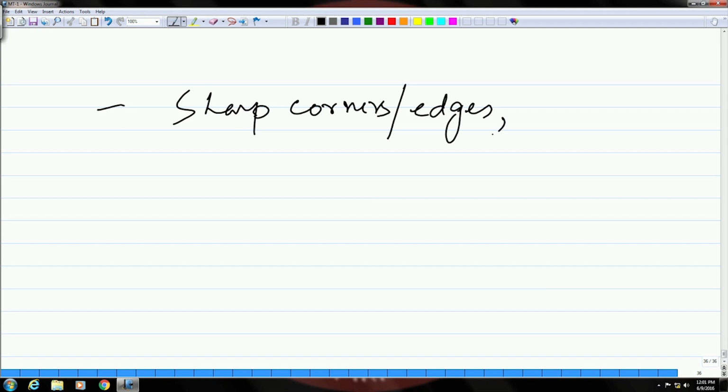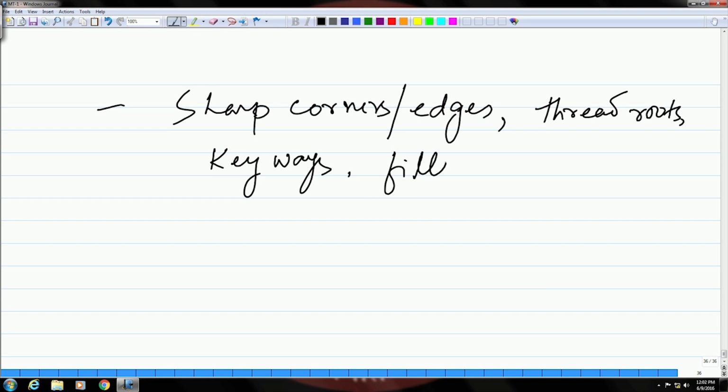Then you could have areas like thread roots, keyways, fillets.